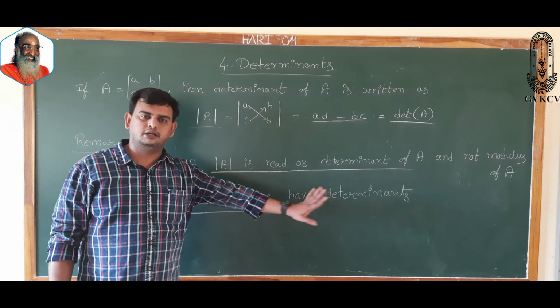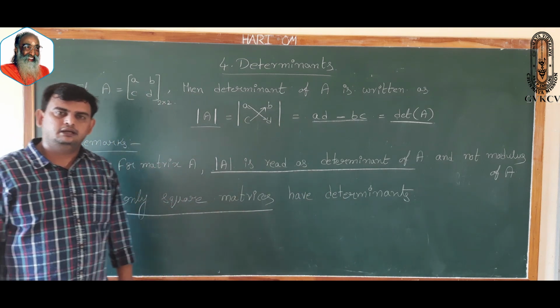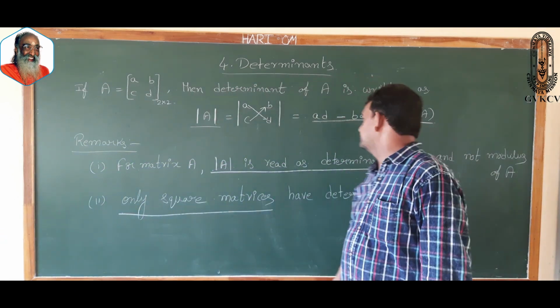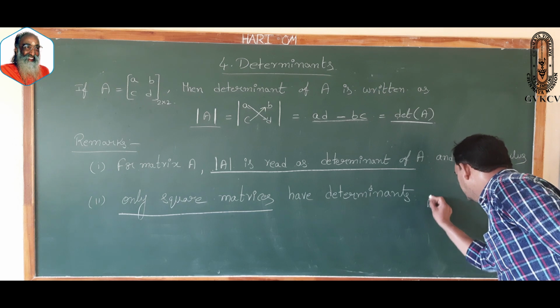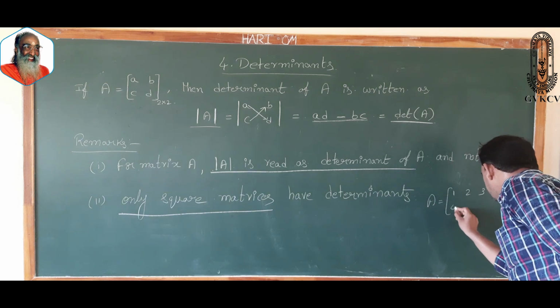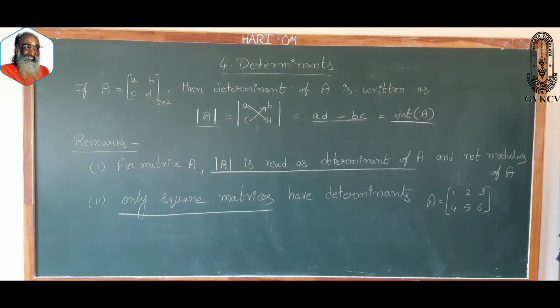One more important condition: only square matrices have determinants. When there is a rectangular matrix, we can't find a determinant. For example, take the matrix A with rows 1, 2, 3 and 4, 5, 6, a rectangular matrix. How do we find the product of diagonal elements?